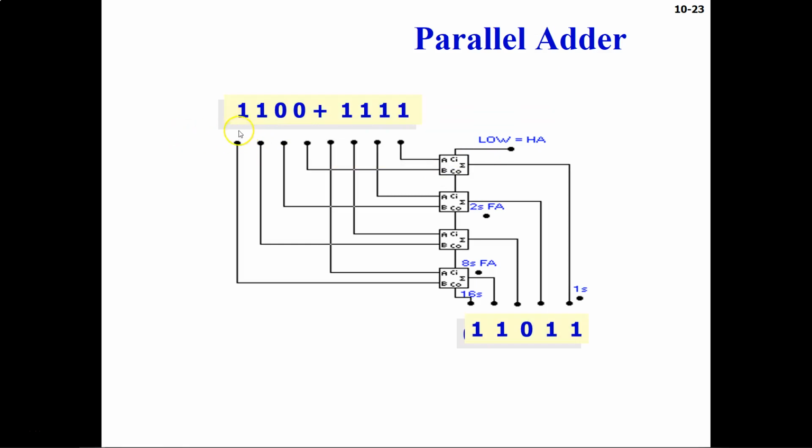In this example, we are adding 1100 to 1111, and if you add these two binary numbers, you will get this answer. So the answer should be 11, and then 0, because you have 1 here and 1 here. If you add them up, then you will have 0 and then the carry will be 1.